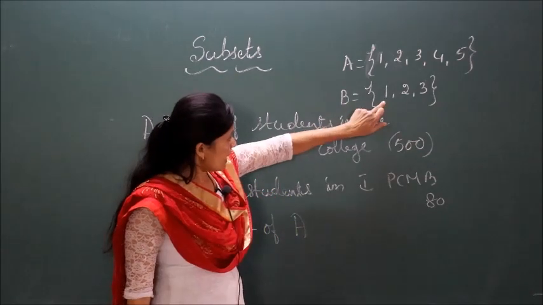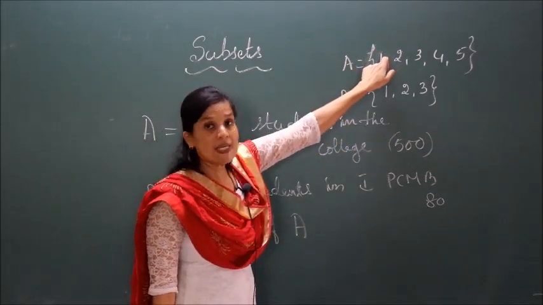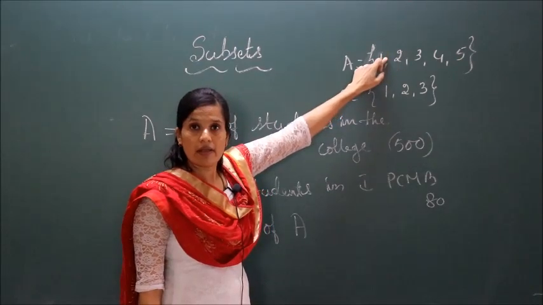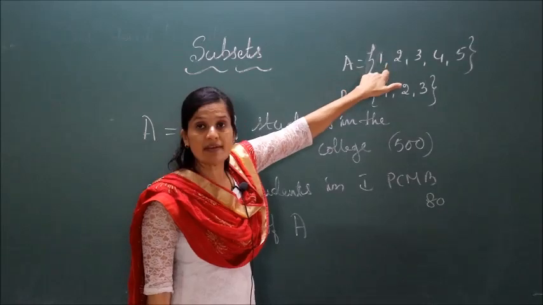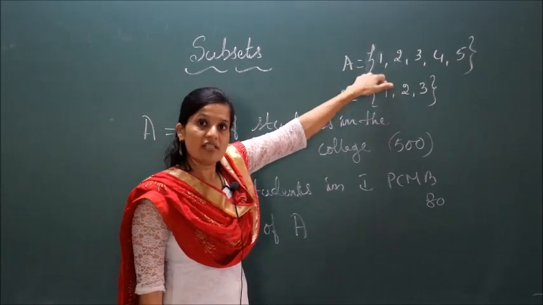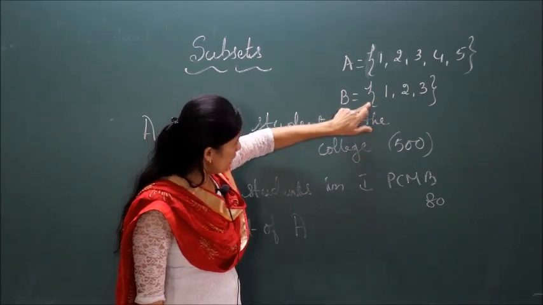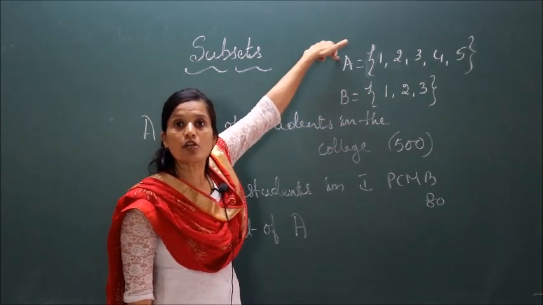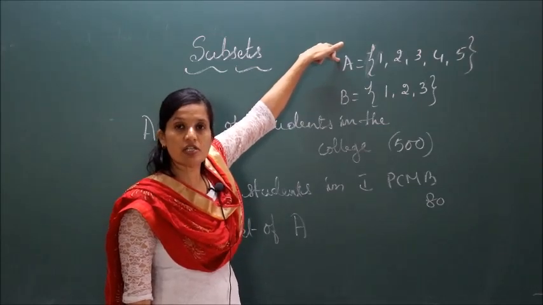See here, the elements of set B are also present in set A, or the elements of set B are contained in set A. In such cases, I call set B a subset of set A. So this is the concept of subset.